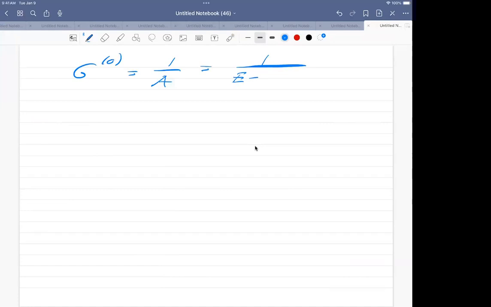So you're looking at the system. If your two particles are coming in with kinetic energy, this could be the incoming kinetic energy of the particles. And then we have an H0 here, plus this i eta. Now with H0, what we are assuming is that this is a problem which we can solve, as we've seen before.